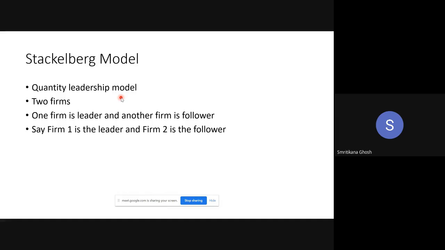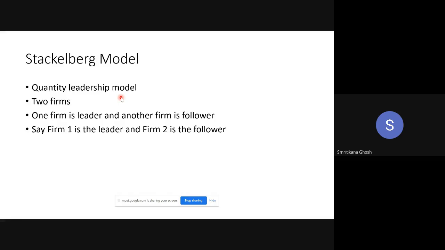That means, as you know, we are discussing oligopoly structure with two firms. So it is also the duopoly structure, and among these two firms, one firm is a leader and another firm is a follower. Leadership means in terms of quantity. That means the leader will choose quantity first, because the market size is fixed and two firms are catering this market.